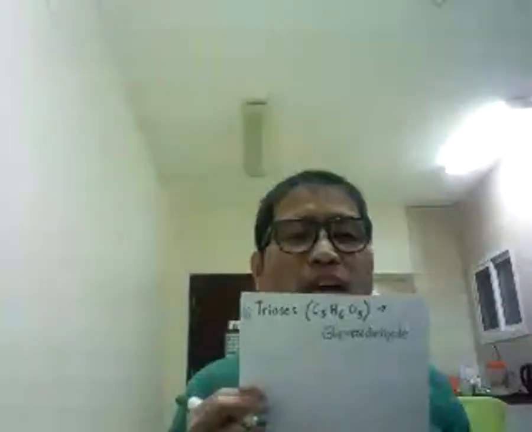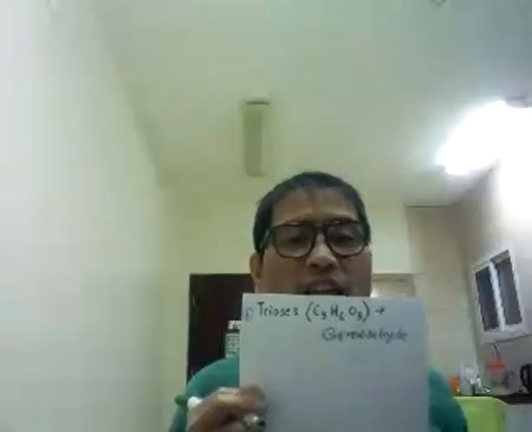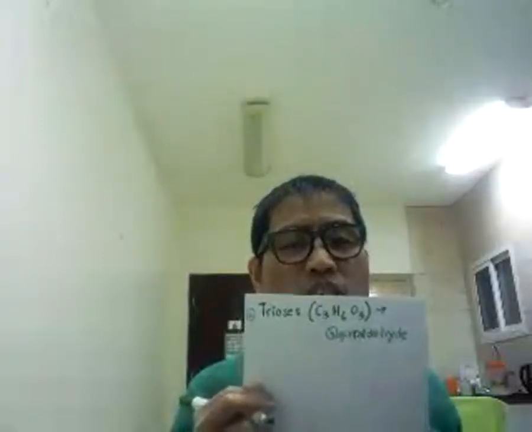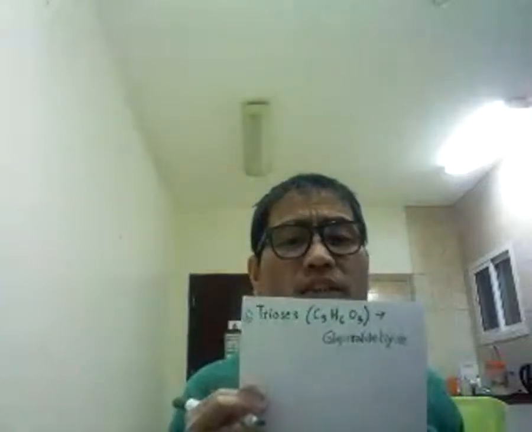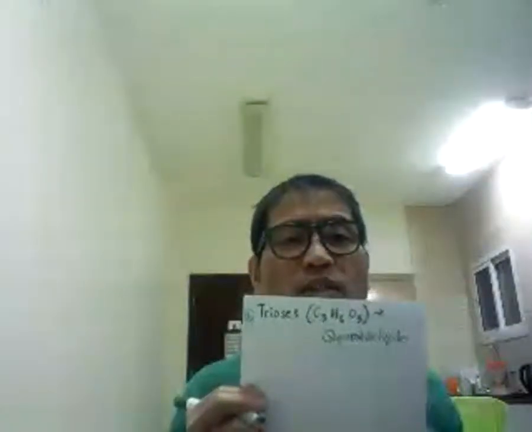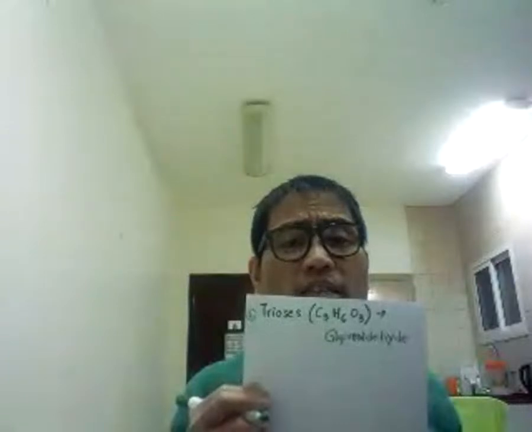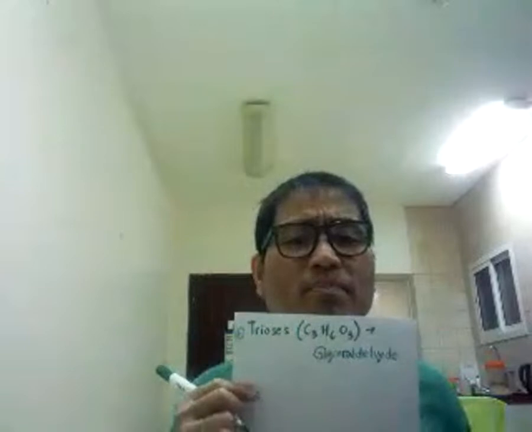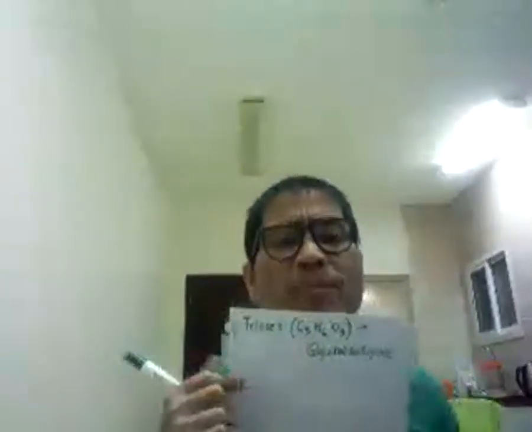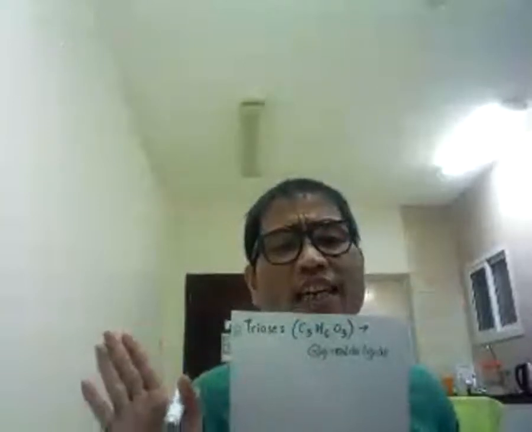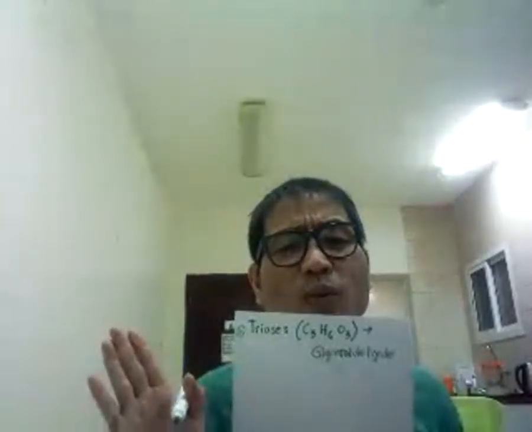Trioses, we have three atoms of carbon, six atoms of hydrogen, and three atoms of oxygen. From the word trioses, you always put the suffix -ose at the last part of the word. If you speak tri, the carbon atoms are usually three.